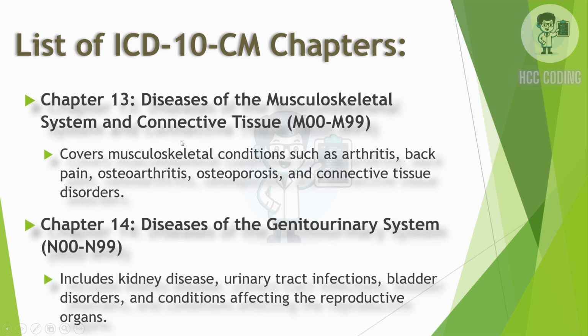And coming to chapter 14, diseases of the genitourinary system, the code category starts from N00 to N99. It includes different types of kidney disorders, that might be chronic kidney disease, acute kidney disease, urinary tract infections, bladder disorders, or sometimes it affects the reproductive organs also. All this is covered under chapter 14.